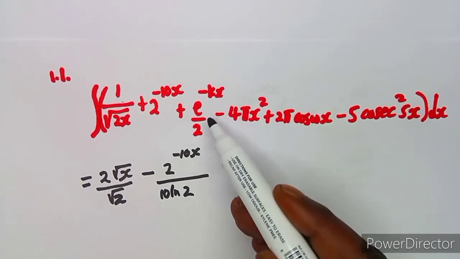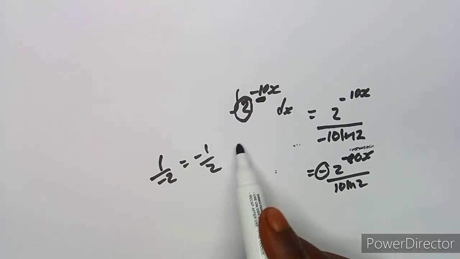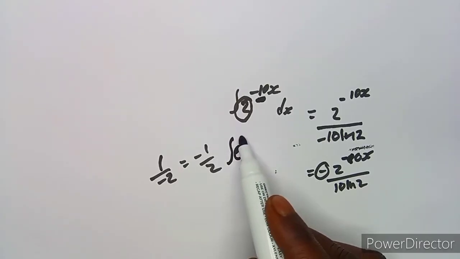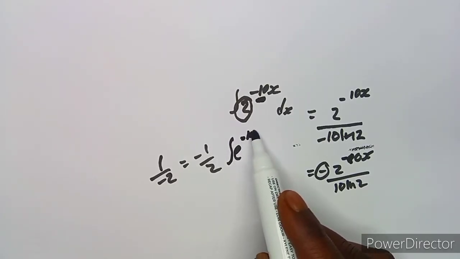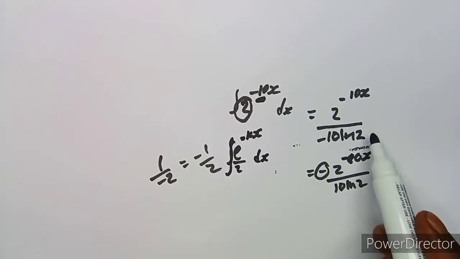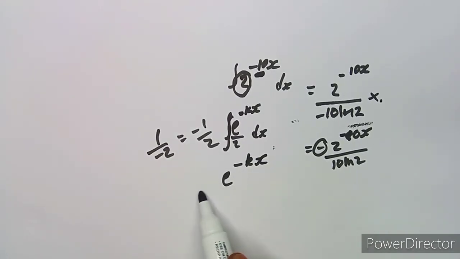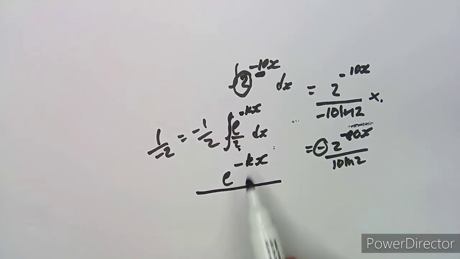All right, so you move on to this part of e. We find the derivative of e, and remember e applies the same thing as a, so it's going to be e to the exponent of kx over 2. Remember, e applies the same thing just like what we did here. So we are going to have e to the exponent of minus kx. There was already a 2, so you write it as it is.